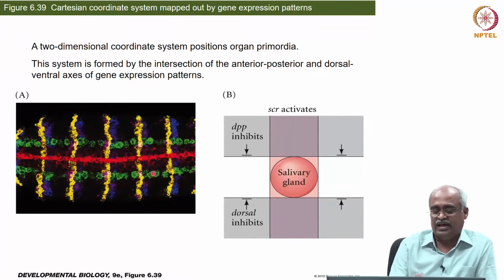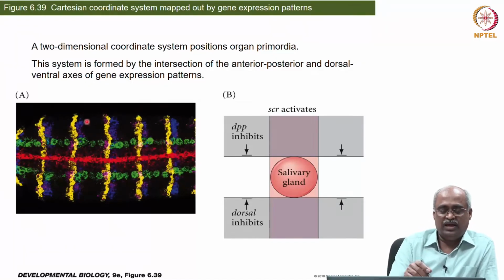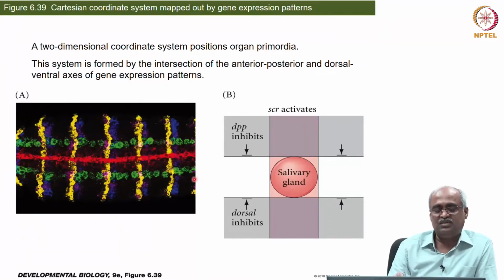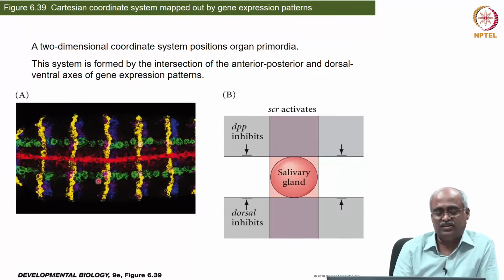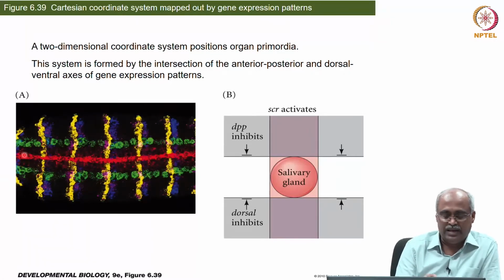So here what you are actually seeing is, left is the anterior and the right is the posterior of the embryo, dorsal and ventral. So here you have the distribution of different proteins color coded here. So the green, then you have the red, meaning this red protein, we do not need to worry about what exactly this protein is.